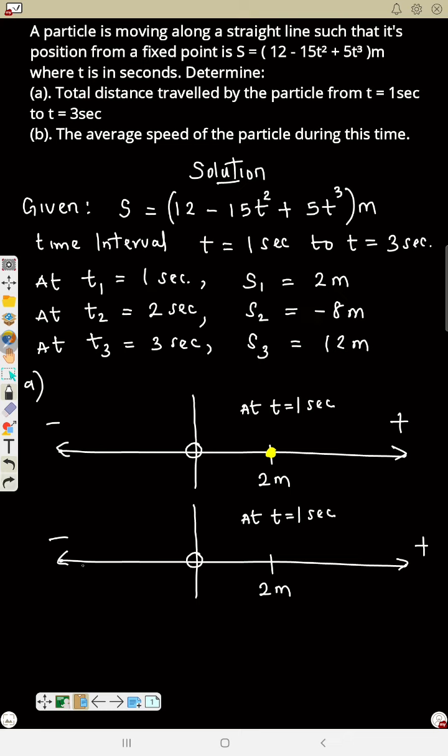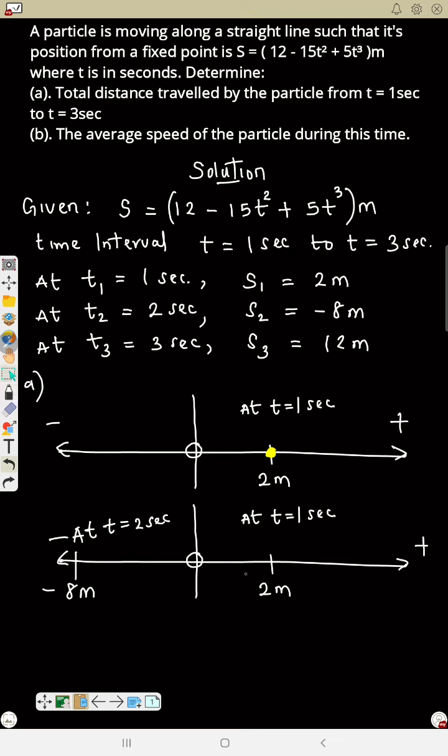Now let's call this place, it's an assumption here, not drawn to scale, negative 8 meters. That is at t equals 2 seconds.